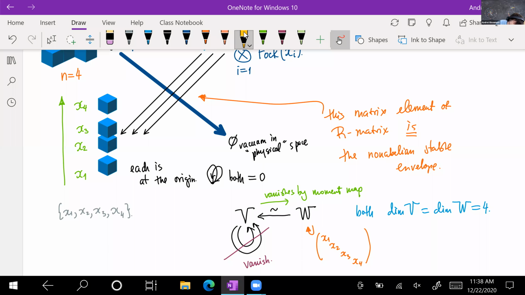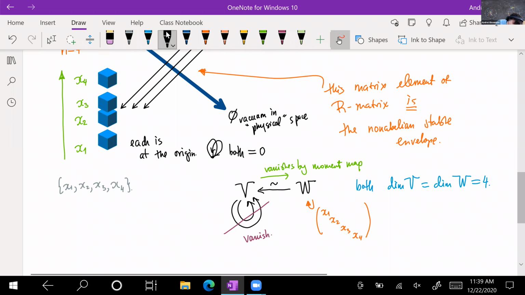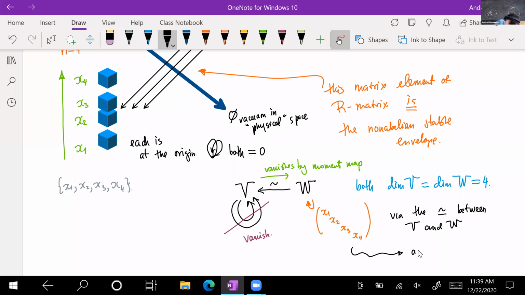I record that group action. So via the isomorphism between V and W, this element becomes an element of GLV.